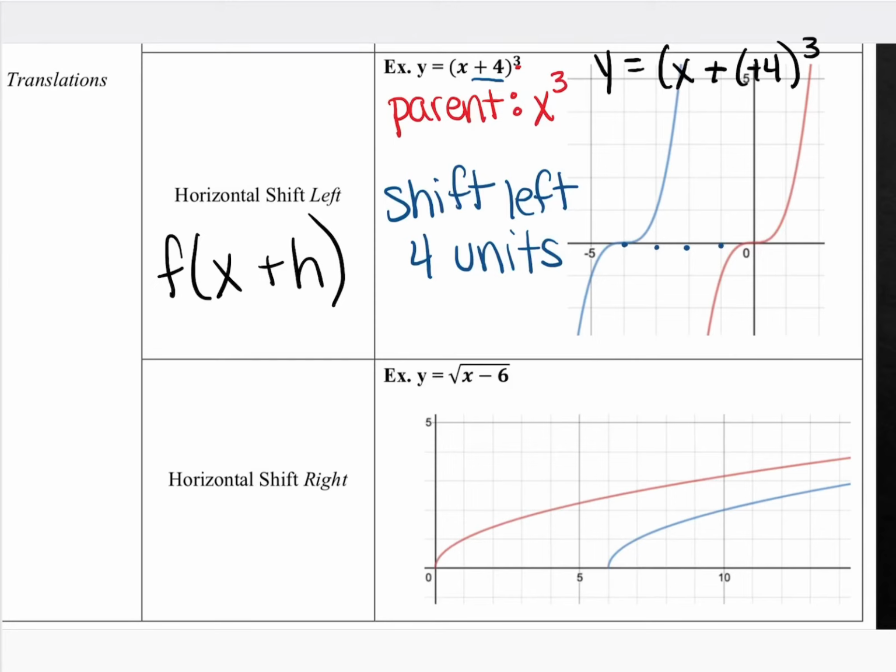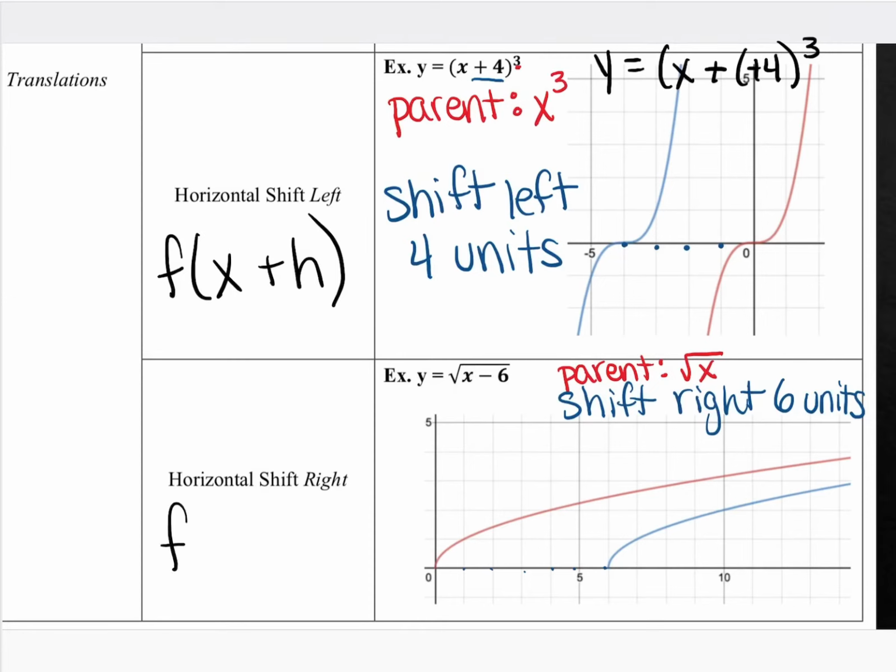If we want to shift right, here we have a parent function that's a square root function. And if we're shifting right, here we're going right 1, 2, 3, 4, 5, 6. So we're shifting right 6 units. We're also having it in our function.